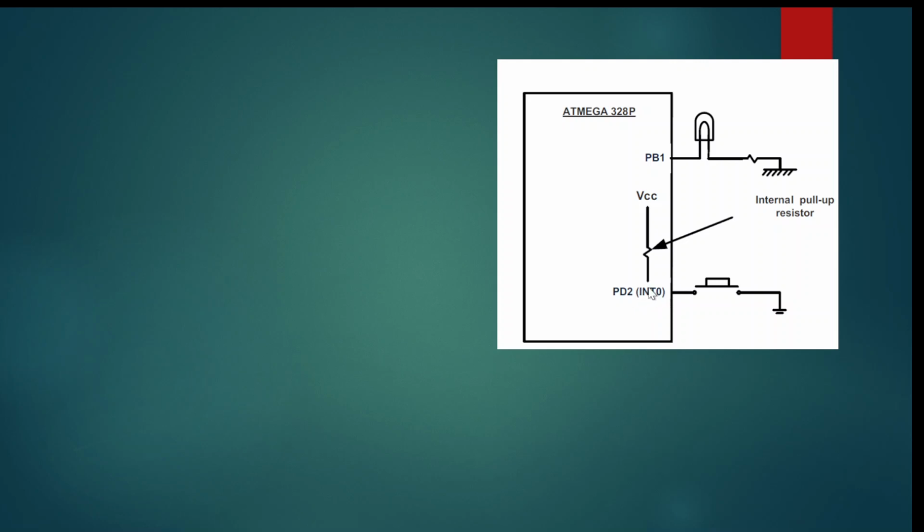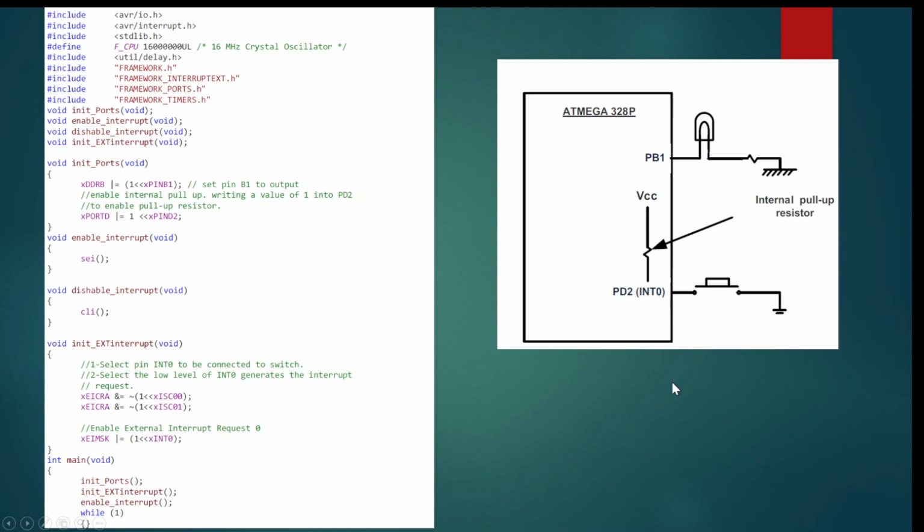And when we get the interrupt, we're going to turn the light on. If you push the button again, we get an interrupt and we'll turn the light off. So you can see here, the name of the port is PD2, and we are going to associate an interrupt called INT0. So let's look at the code.